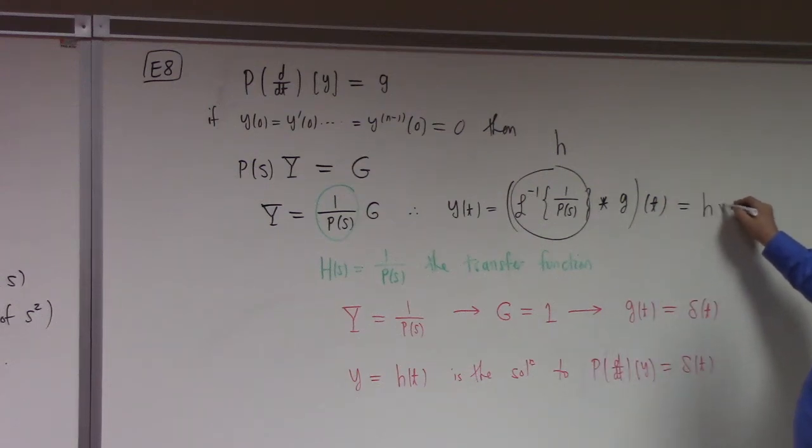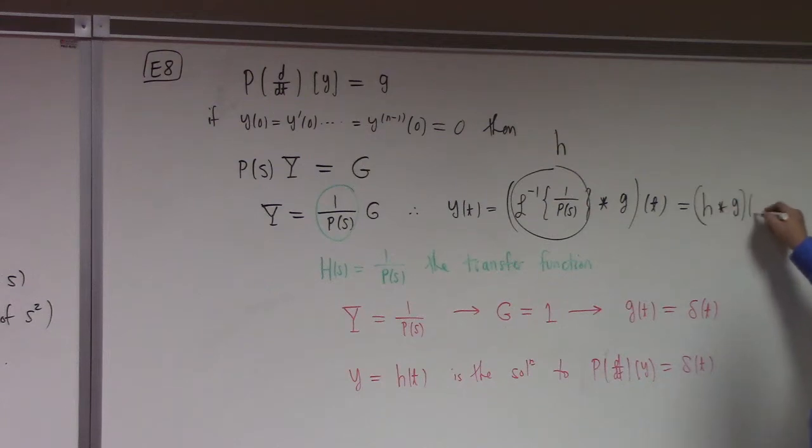So this is h convolved with g of t, or if you like, the integral from 0 to t of h of t minus v, g of v dv. Or you could write this as the integral from 0 to t of g of t minus v, h of v dv. Whatever you like.